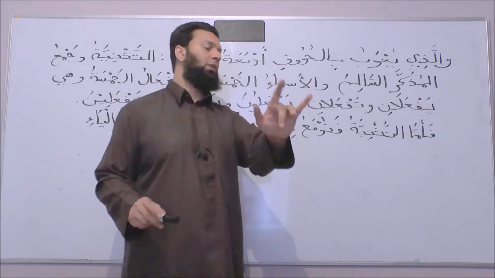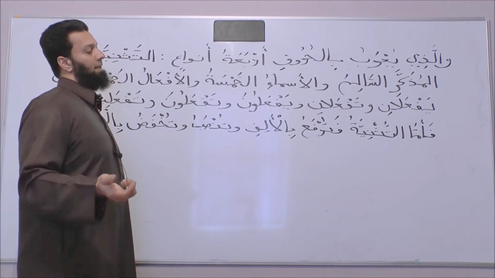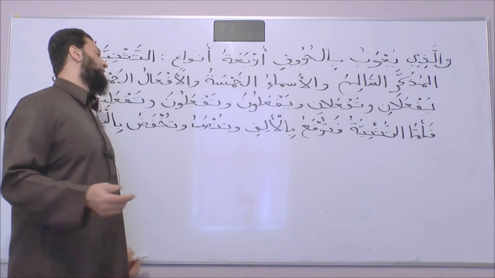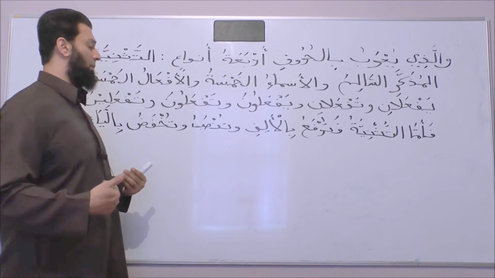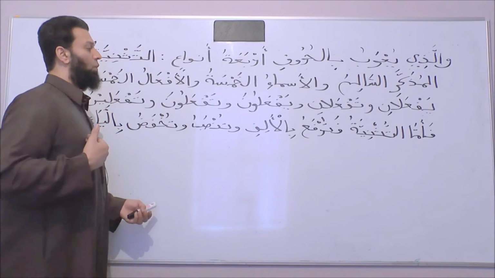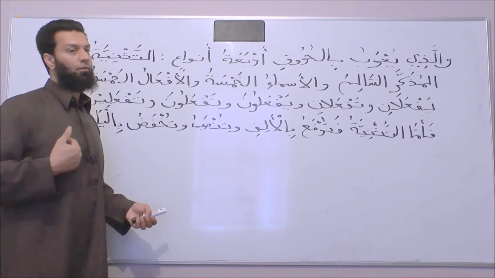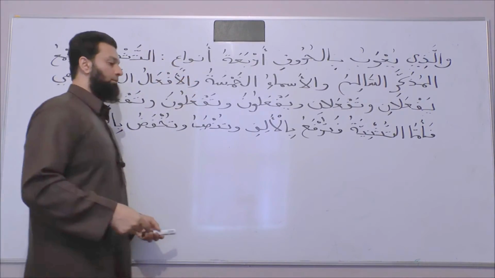So, there's only one other point to mention regarding this, and that is when it is in an idafah. So, for example now, Muhammad, we want to say the two students came.